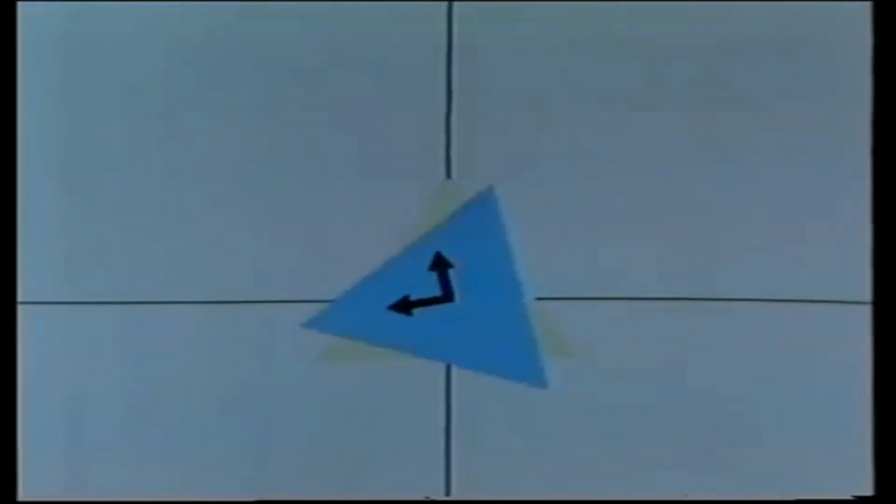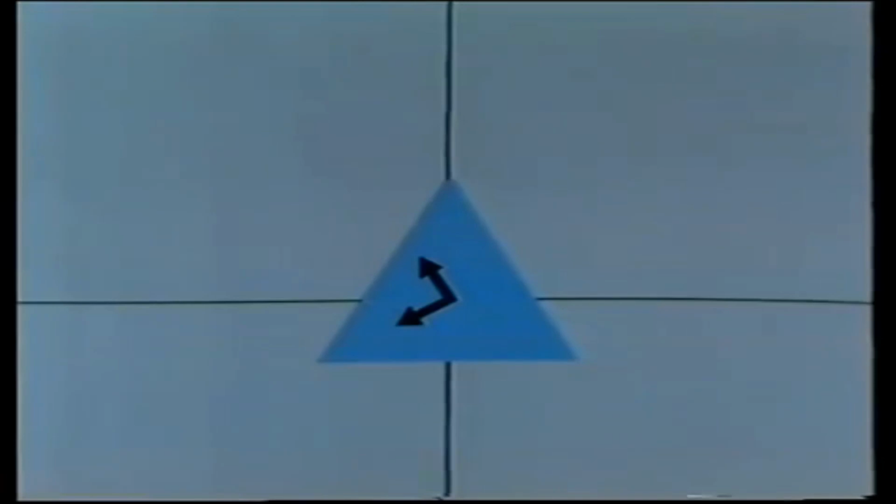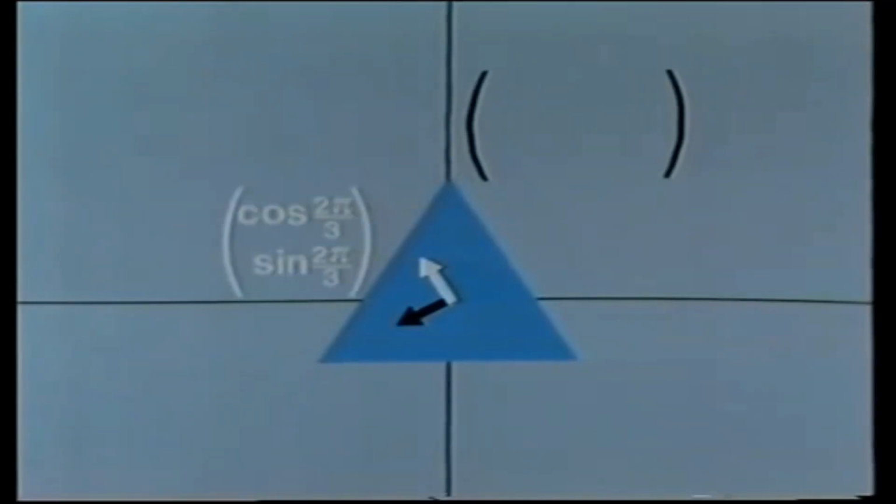Now we'll look at a different symmetry, a rotation through 2 pi by 3. This time, the image of the first basis vector is (cos 2 pi by 3, sin 2 pi by 3). That is, (minus a half, root 3 over 2).